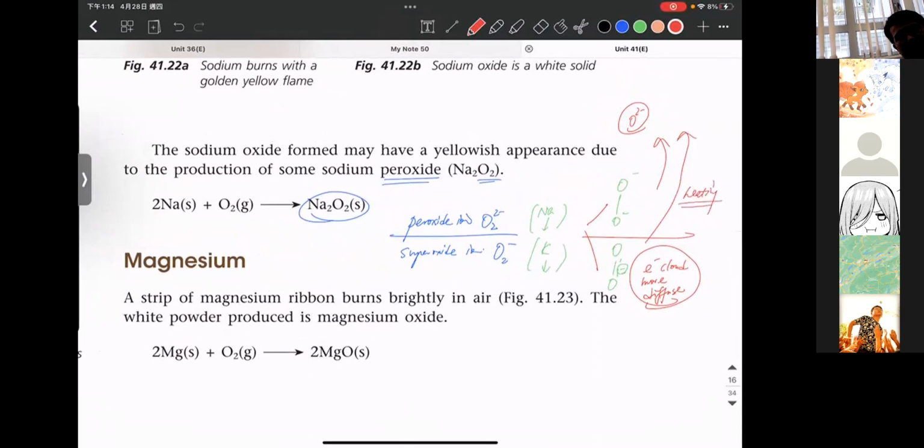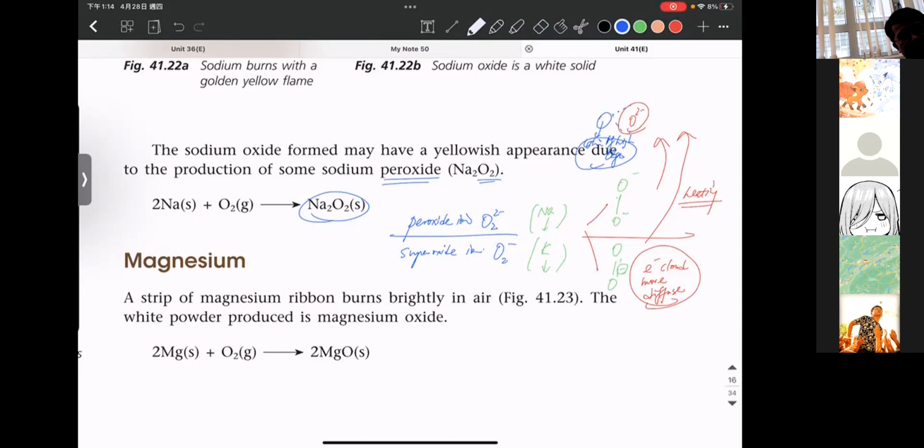Okay, so how would you distort the electron cloud besides heating? I may think of the charge, right? If you have a positive ion, a cation of high charge, you may tend to distort the electron cloud of oxide. No need to mention whether it is peroxide or superoxide.